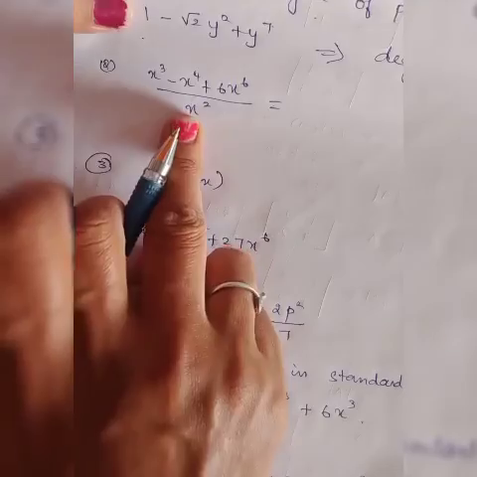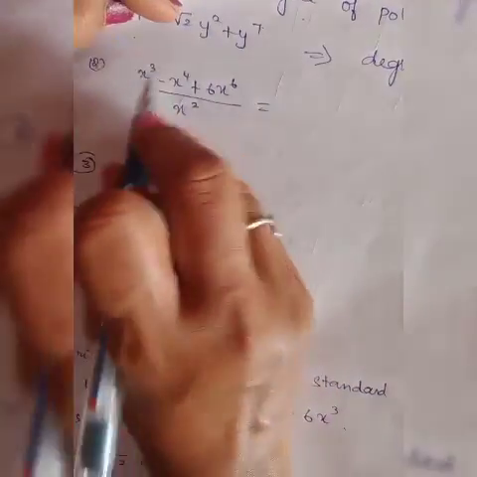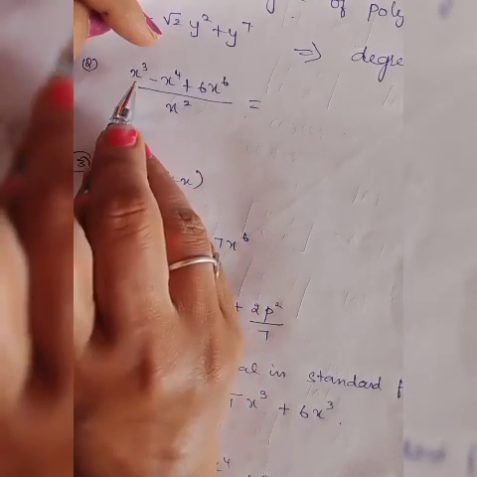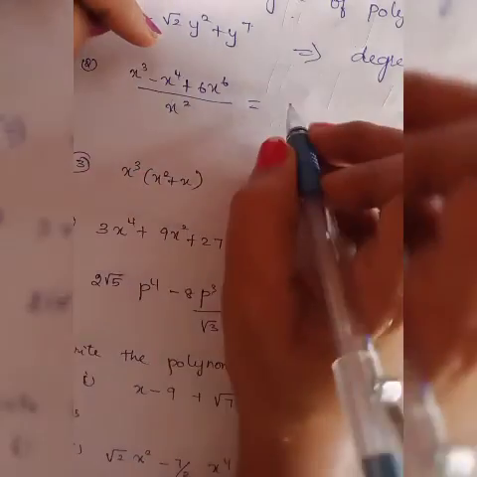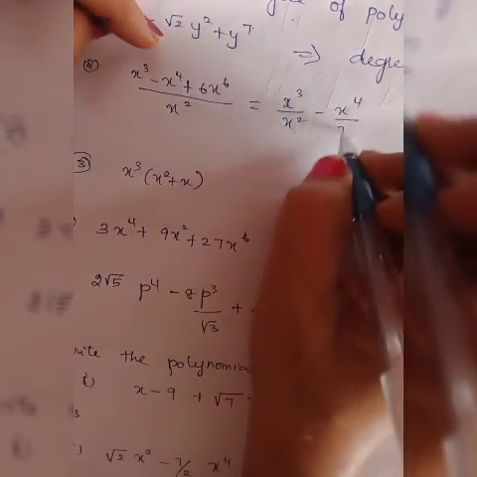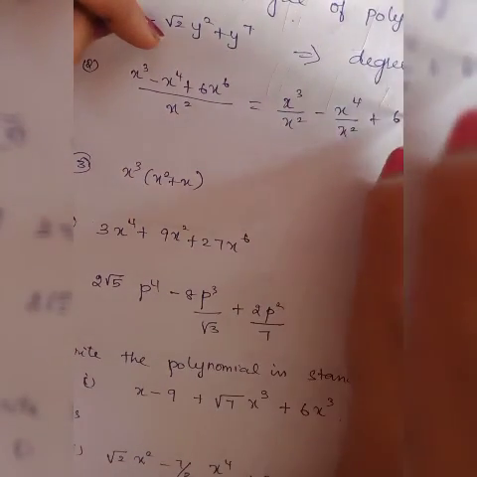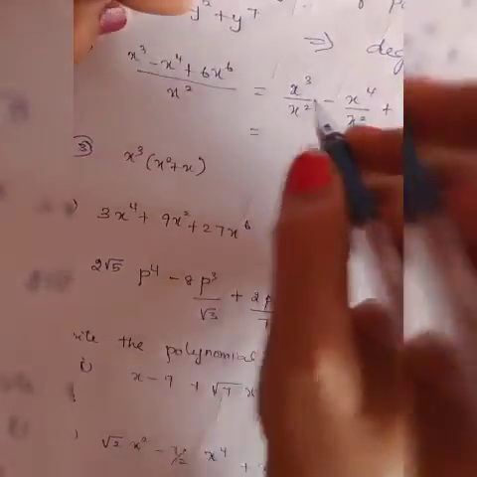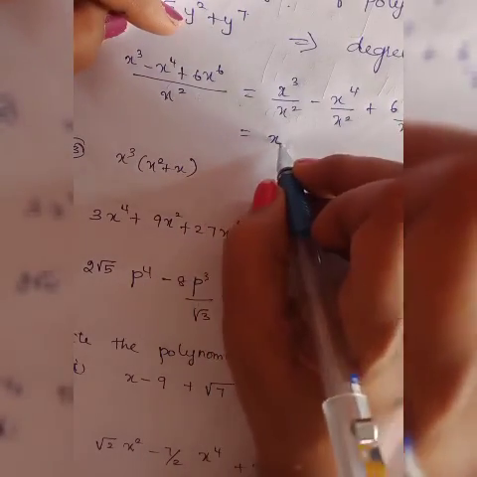Now the second problem. I can express this by noting that x square is common to all the terms. So I can rewrite this as x cube by x square minus x power 4 by x square plus 6x power 6 by x square. After cancelling x square, I get simply x here.